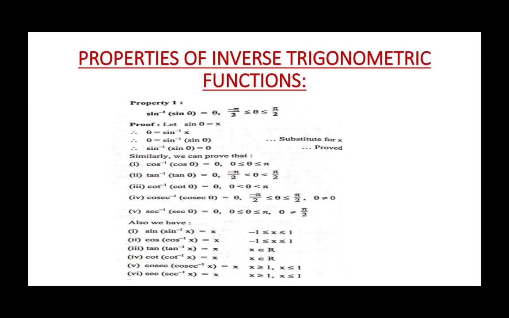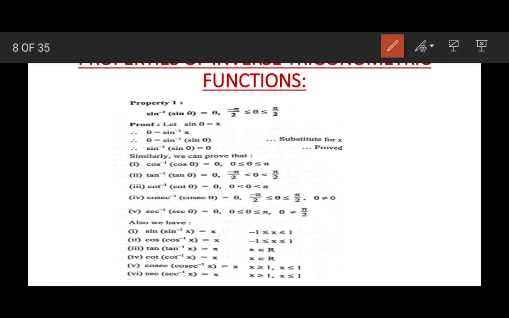So now the properties of inverse trigonometric functions. The very first property is sin inverse sin theta is equal to theta for minus pi by 2 less than or equal to theta less than or equal to pi by 2. This is the range of sin inverse. So for this range, sin inverse sin theta is simply theta.